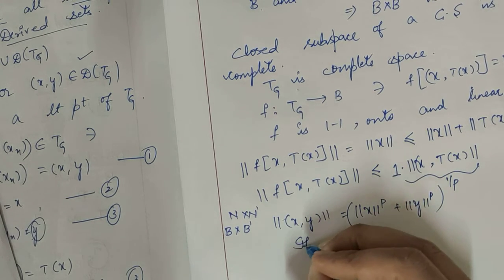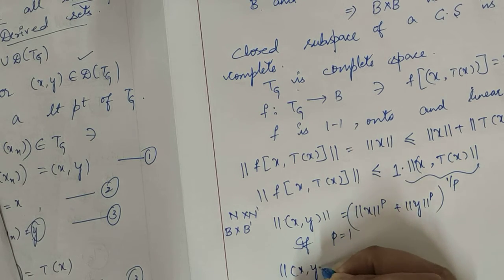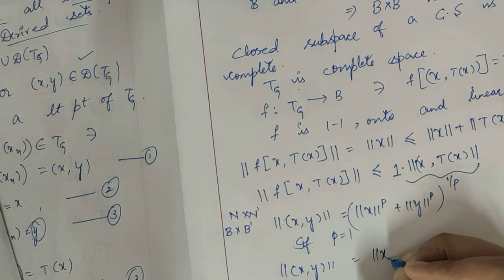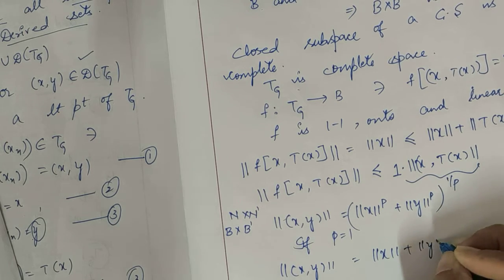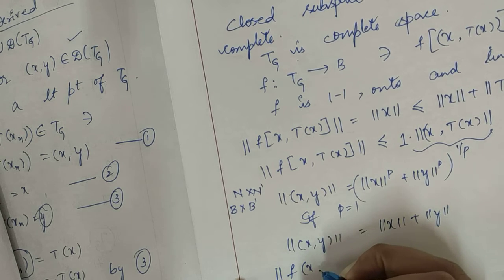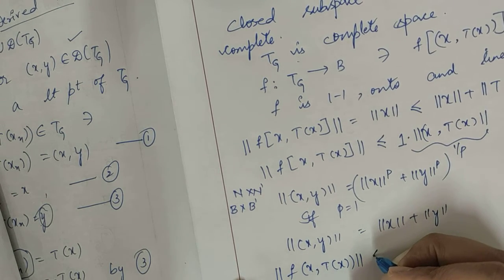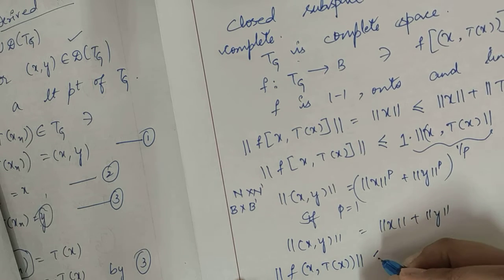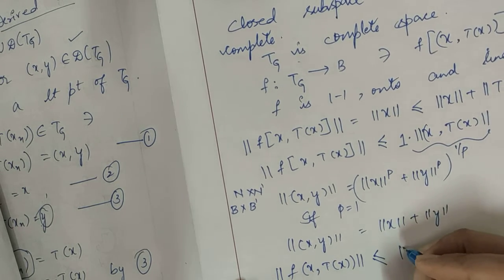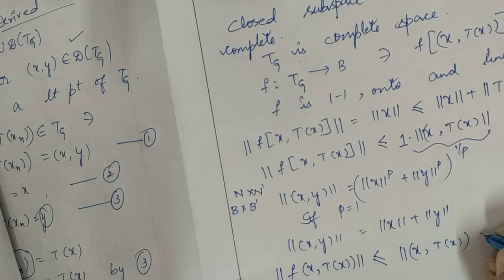If p is equal to 1 here, this will become norm x comma y is equal to norm x plus norm y. In our case, we have norm f of x comma t of x. So this will be less than or equal to norm x comma t of x.